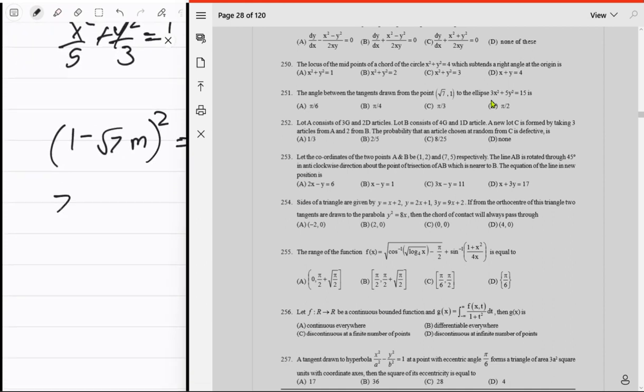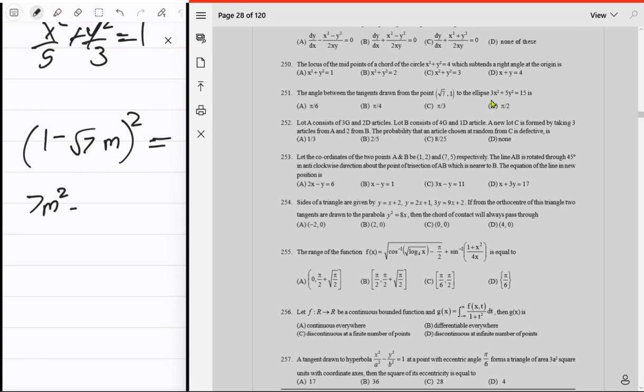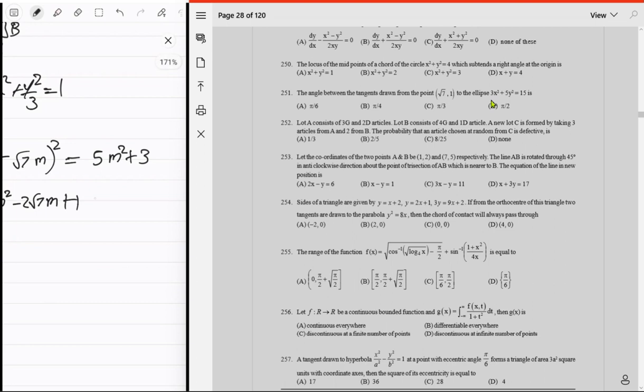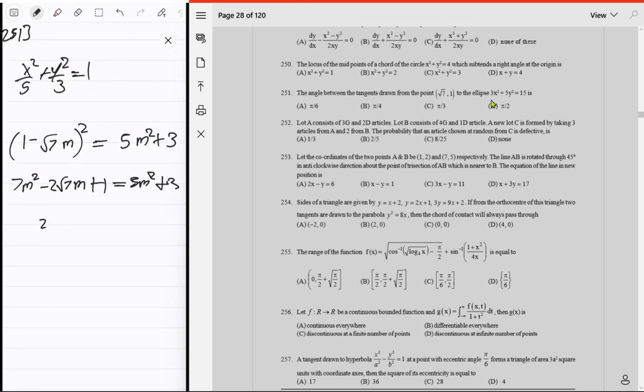Yes, 7 m squared minus 2 square root 7 of m plus 1 is equal to 5 m squared plus 3. That just means 2m square will come, negative 2 will come, so the product is just negative 1. That's easy. So yeah, product of the... wait, we want the angle, just pi upon 2. So D is the answer. Next question.